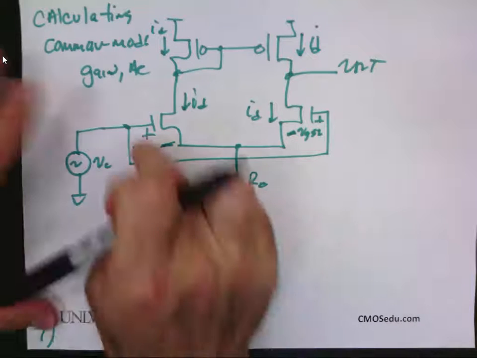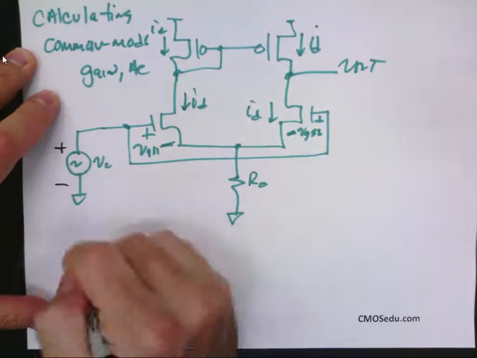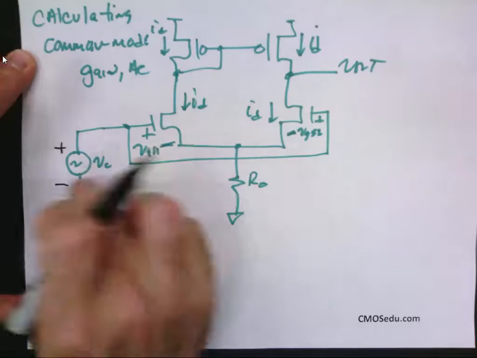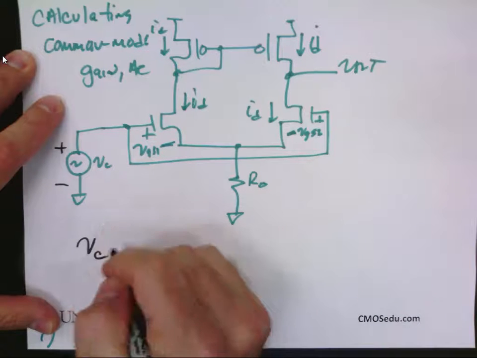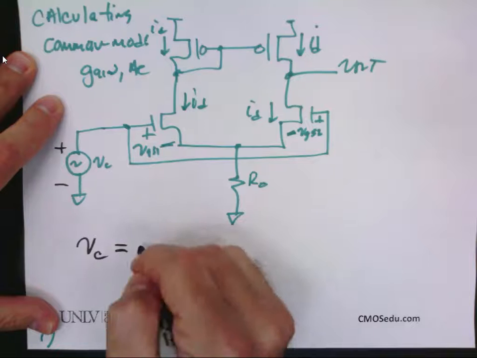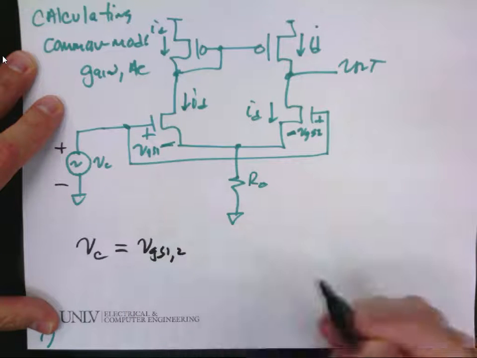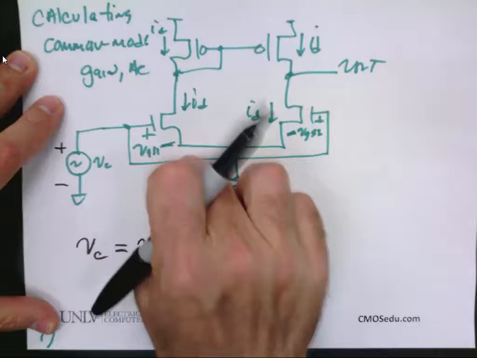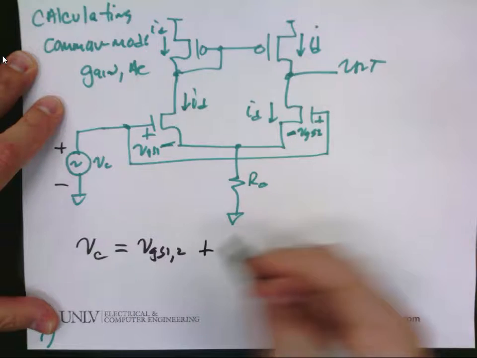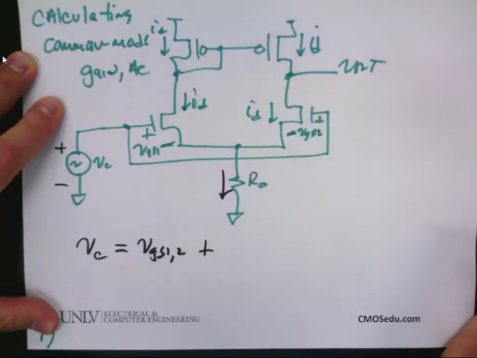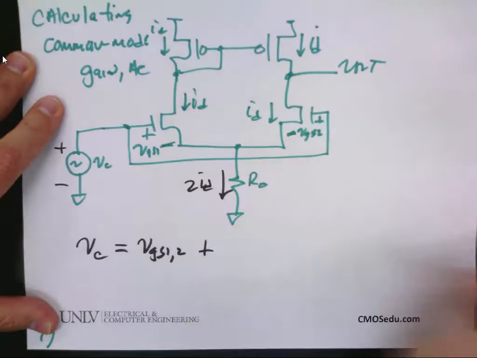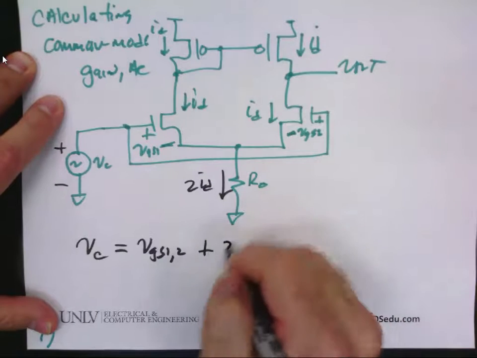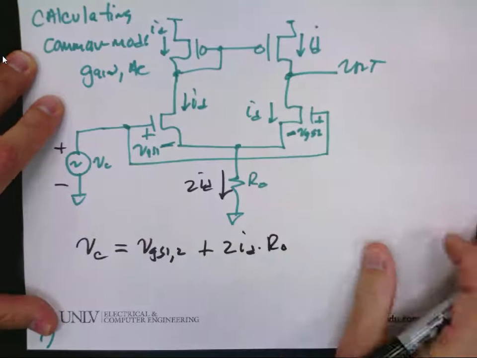Okay, so I'm going to write a loop here. How about if I just write, instead of VC minus VGS1 minus 2 ID R out, I write VC equals VGS1 or 2, because they're the same, plus, and what's the current flowing in R out? Think, what is it? 2 ID. So what do I write here for the last term? Yep, R out times 2 ID.